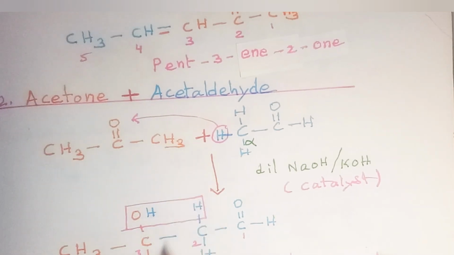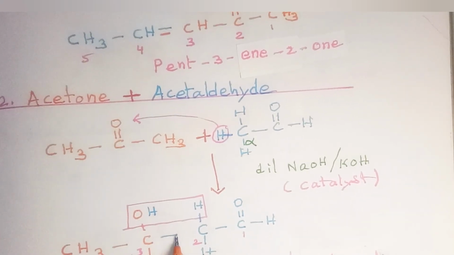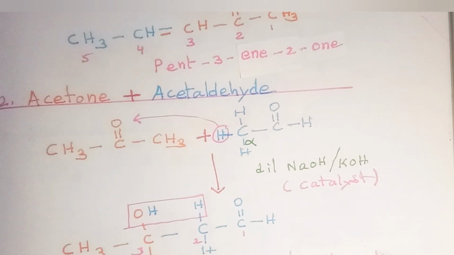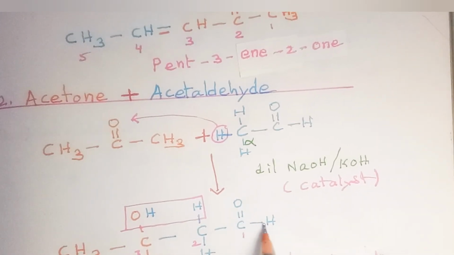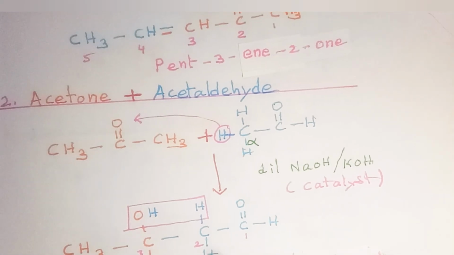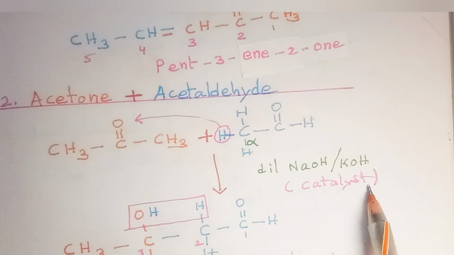Then this CH3 is moved downwards to give way for this carbonyl carbon to form a bond with this alpha carbon of the second reactant. So we get CH3, COH, CH3 downwards, CH2, C double bond O H. This is the aldol product when a dilute alkali is used as a catalyst.